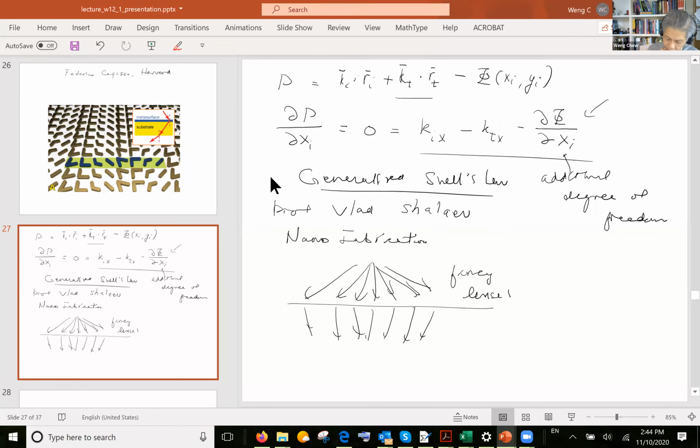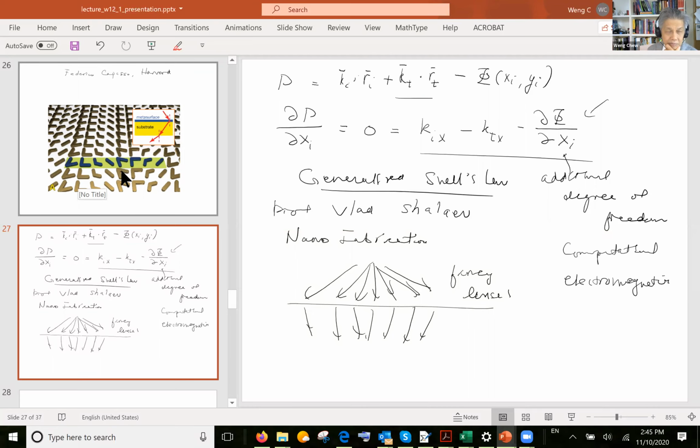But you can use computational electromagnetics, which is the numerical method of solving this problem. You can use computational electromagnetics to estimate this surface and find the proper phase function to fit it. And then you can do all kinds of wonderful things with it.